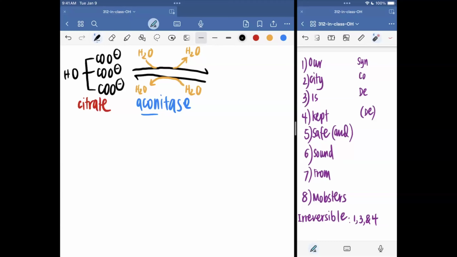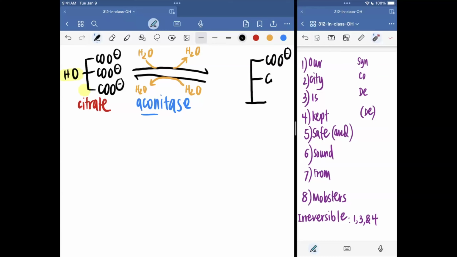And so that is going to allow us to produce isocitrate. And so the difference here is going to be the transfer essentially of this alcohol for this hydrogen, because we formed an alkene intermediate.